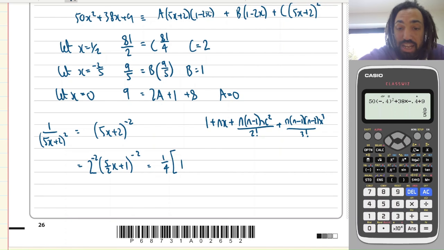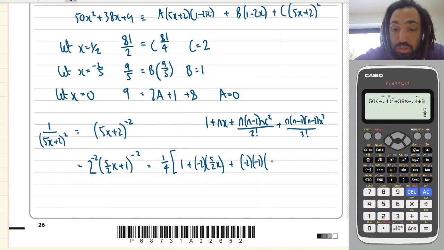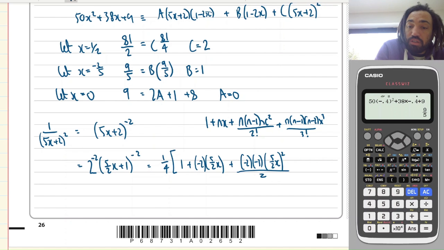I've got nx, which is n is minus 2, and x is 5 over 2x. I've got here n again is minus 2, n minus 1 is minus 3, and then I've got 5 over 2 x squared, all over 2.